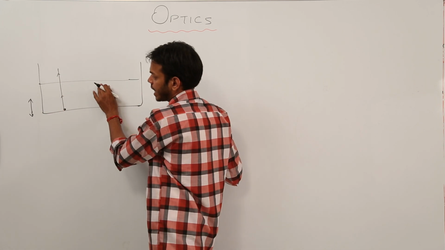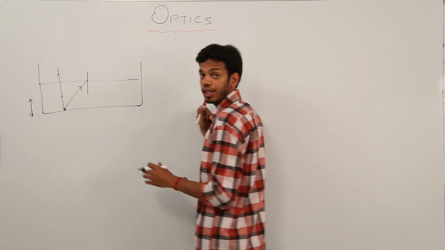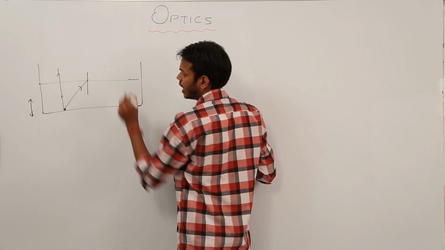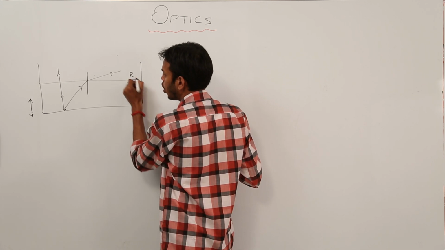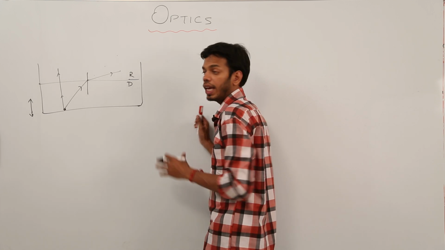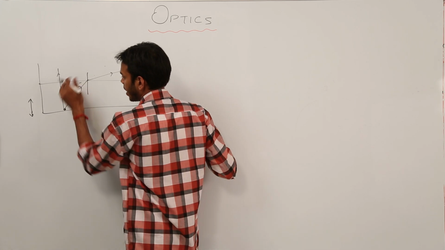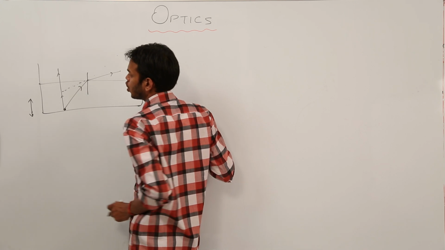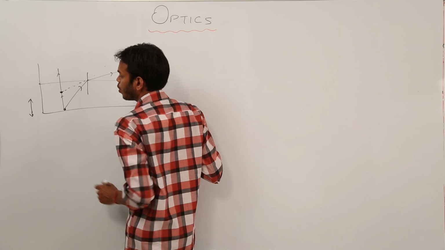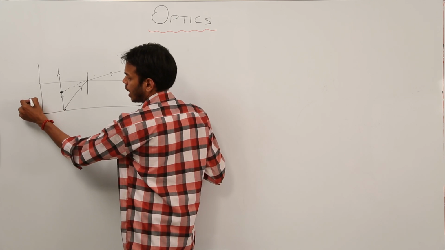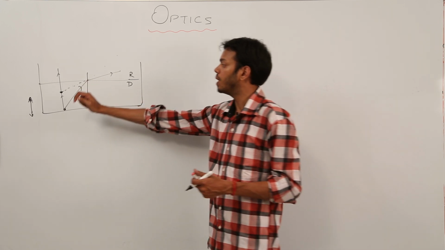But the other ray which is going in this direction, if this is normal, instead of going straight like this, it will bend away from the normal because right now the ray is traveling from denser to rarer medium. So if I extend this ray in this direction, where will I get the cross section of these two rays which are extended backwards? Here is the apparent position of this object. So this height up to which the object appears to be raised up is called the normal shift.